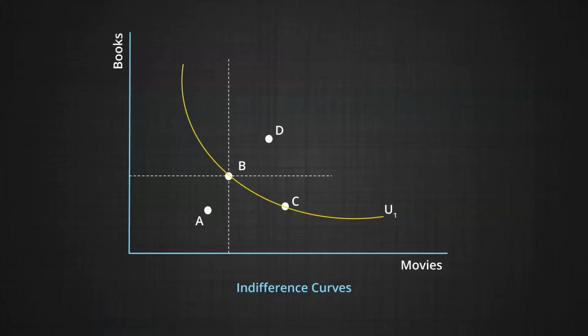At C, the consumer has more movies than in bundle B, but she has fewer books. Is it possible that the consumer is indifferent between B and C? If that is the case, then B and C are said to lie on the same indifference curve.